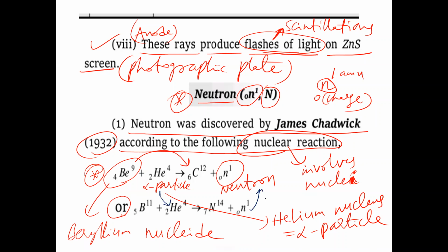Again, a neutron is produced. So neutron is produced by any one of these nuclear reactions. Here, one type of nucleus is changing into another type of nucleus. That's why it is called a nuclear reaction. Let's take a screenshot of this.